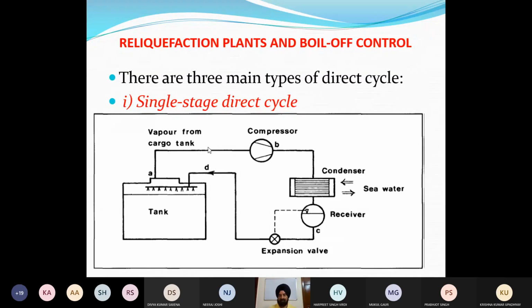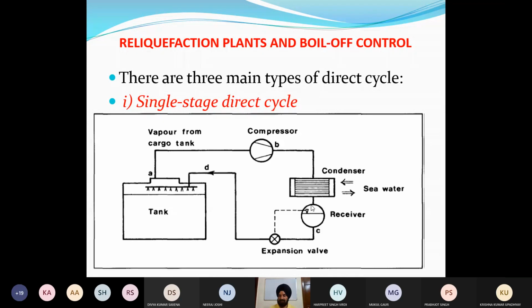So when you compress these vapors, naturally temperature goes up. Volume will decrease, but the temperature of this compressed gas will go up, and then it is cooled in a condenser. What is a condenser? Where the seawater cooling is there, and this compressed gas, which is at high temperature, is cooled. The moment it is cooled, it gets converted into the liquid.